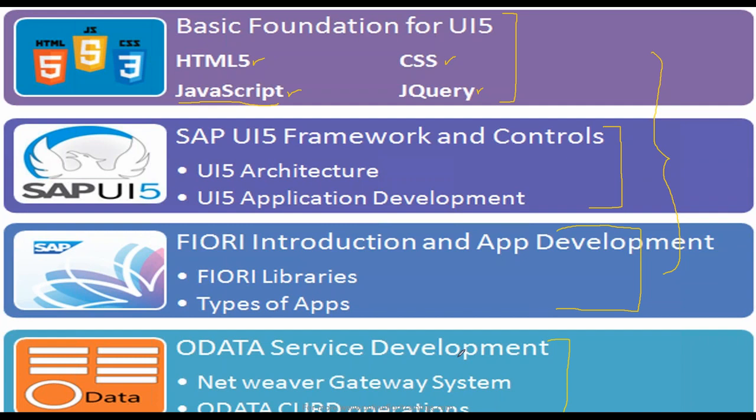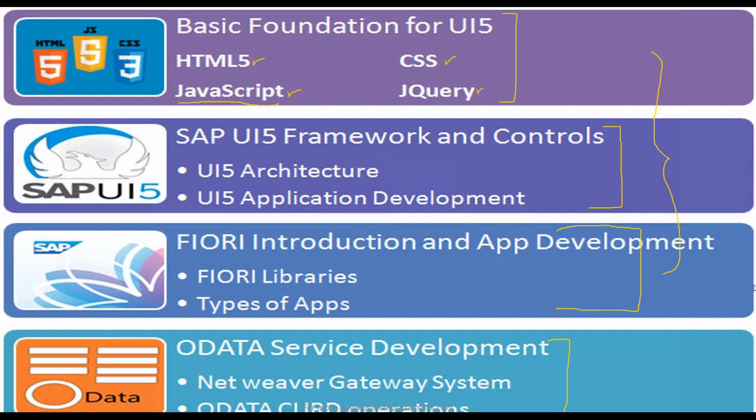Still, you will be able to build OData services because we have a service generation technique, which helps a non-technical person also to create basic OData services as part of your development. We will be learning that also in this course, the service generation technique, and also the technique to write manual ABAP code to create the OData service.